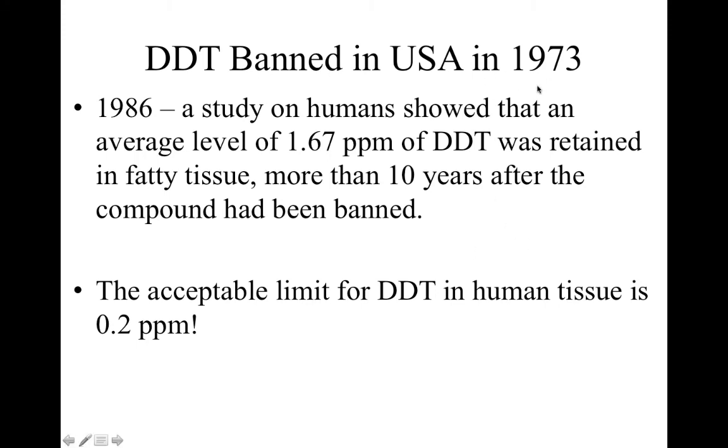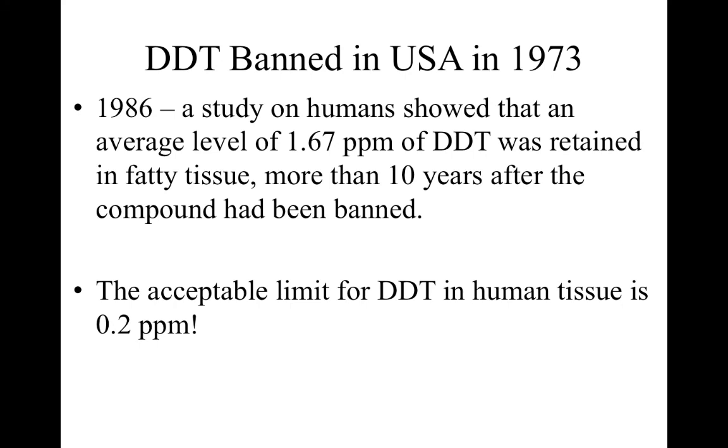DDT was banned in 1973 in the United States, and then in 1986 somebody did a study and took random human samplings and found that the average human had 1.67 parts per million DDT in their fatty tissue, and this was 13 years after DDT was banned. So that's the persistent thing: it's fat soluble and stored in fatty tissue, and it's also not breaking down.